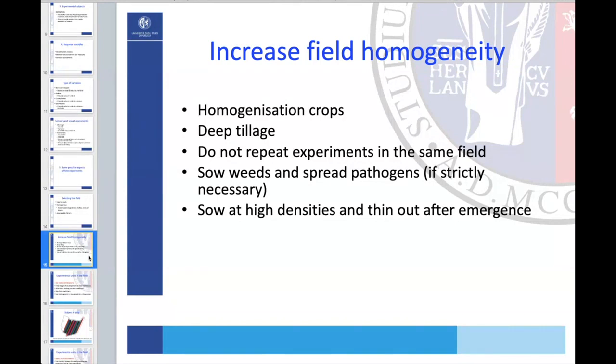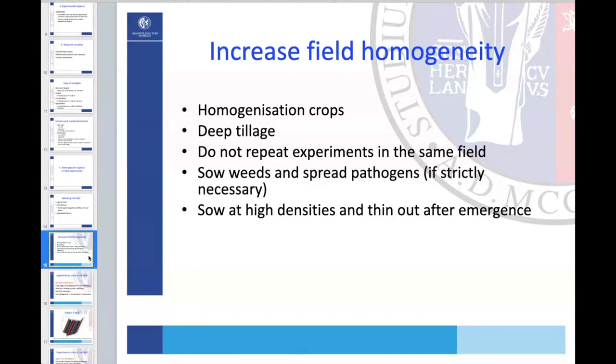We used to, for example, make deep tillage in order to put all the seeds of weeds under the soil so that we have no problems with infestation during the experiment. We do not do an experiment twice in the same field. An experiment always creates inhomogeneity, and therefore using the same field twice is not recommended.